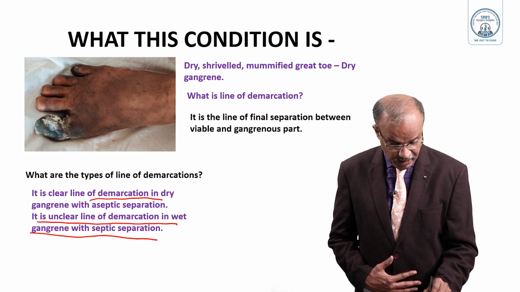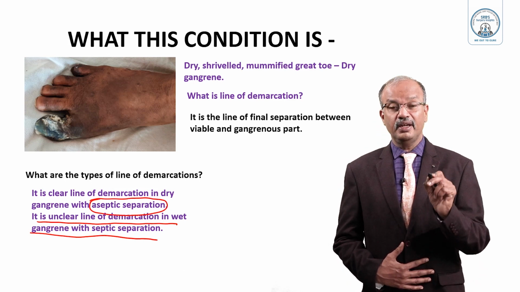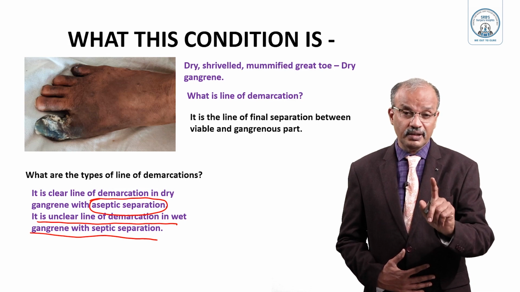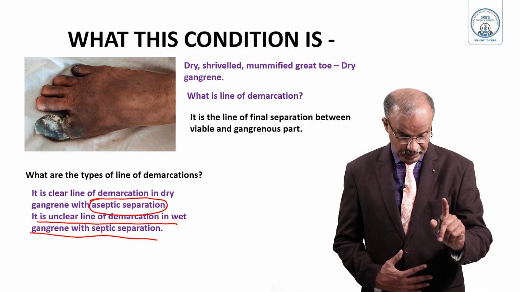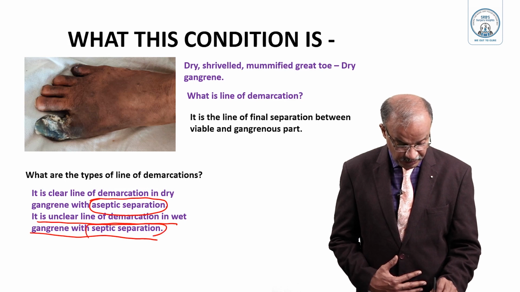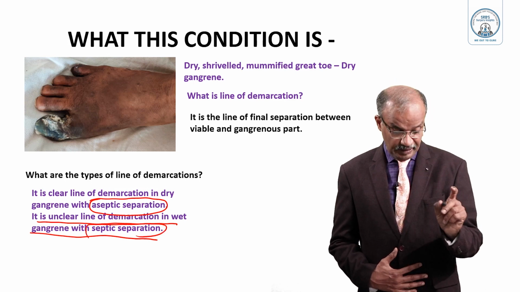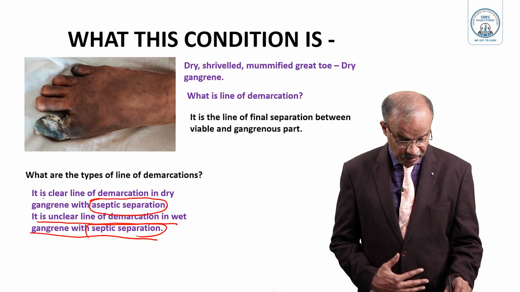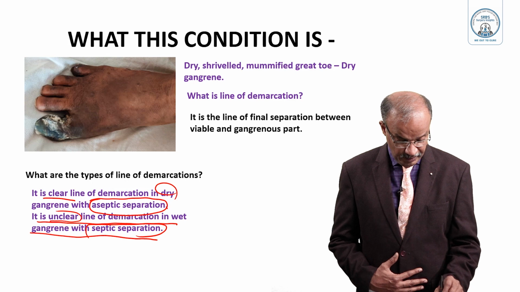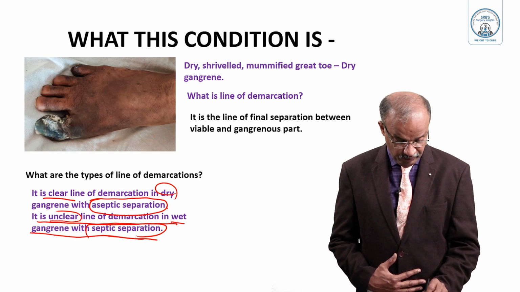This is important: aseptic separation in dry gangrene with a clear line of demarcation, and unclear line of demarcation with septic separation in wet gangrene. So this is important: clear line, aseptic separation, dry gangrene; unclear line, septic separation, wet gangrene.